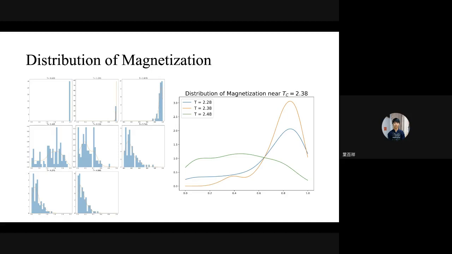The right figure shows the distribution near the critical temperature. The distribution at temperature 2.28 is quite different from the distribution at temperature 2.48. The difference between them is sufficient to be used to implement the classification. Next page.